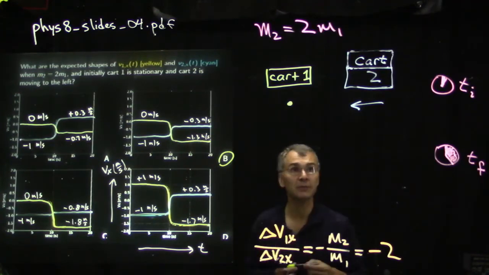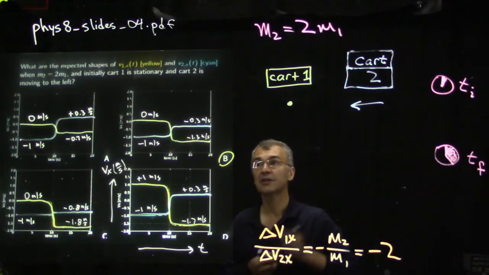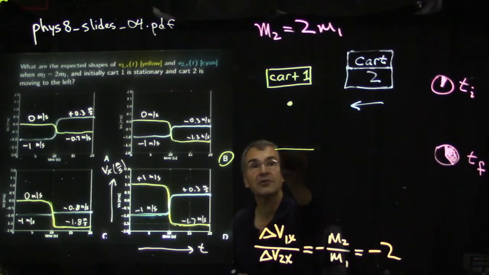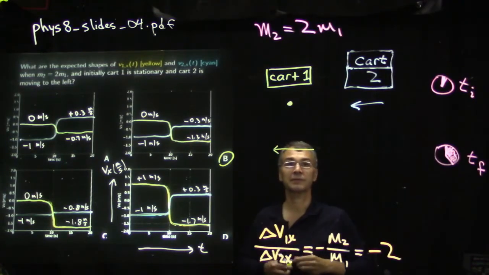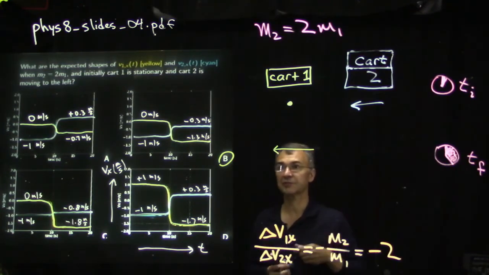So what B would look like in the final state is that cart 1 is moving backward, and it's moving backward faster than cart 2 initially was moving backwards. So cart 1 will be moving to the left at a bigger speed than cart 2 was initially moving to the left.